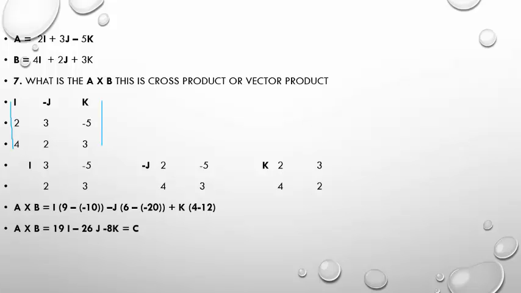This is 2 under I, this is 3 under J, this is minus 5 under K. Then 4 under I, 2 under J for B, then 3 under K.